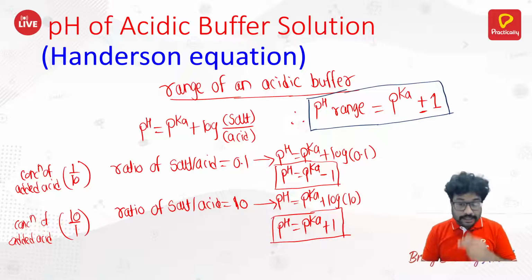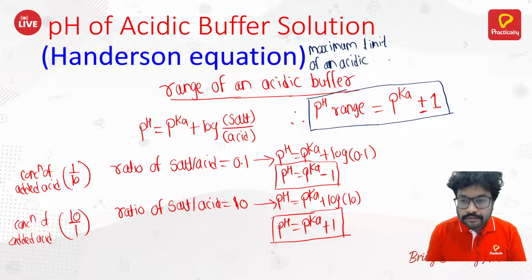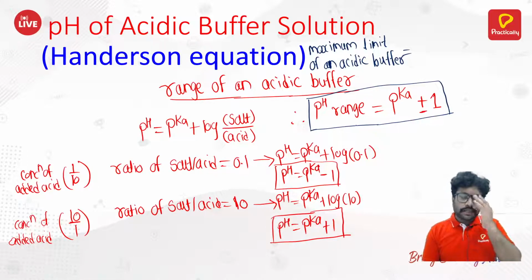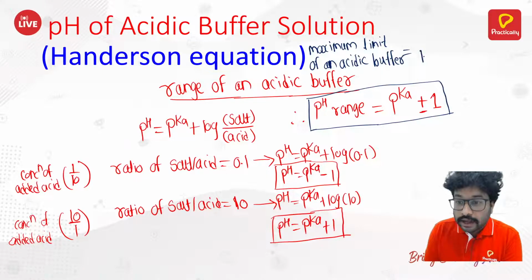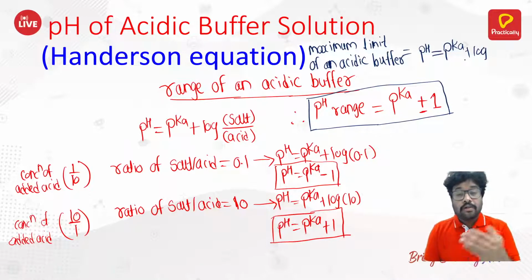And the maximum limit of an acidic buffer is what? See, if the concentration of salt and the concentration of acid are the same, then your pH will be equal to pKa plus log of 1, right?